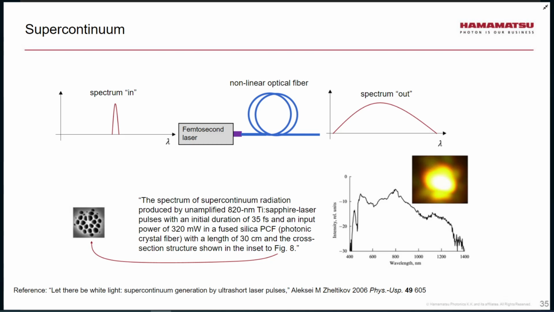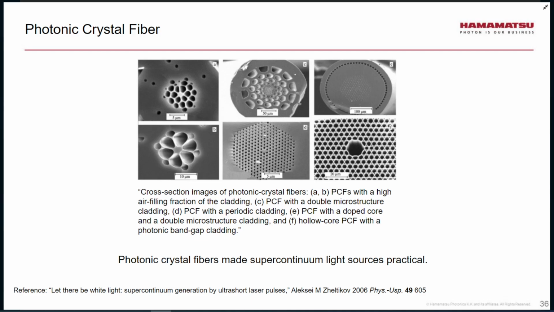So, long story short, the spectrum that we get out of the fiber is very different from what we put in. You can see below a spectrum which is very broad, spanning from about 400 nanometers to infrared, which was produced from a single femtosecond nearly monochromatic laser.